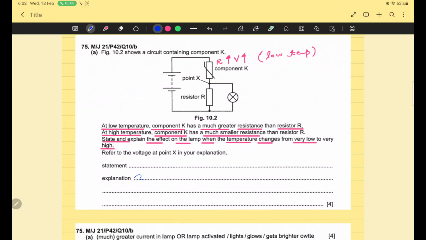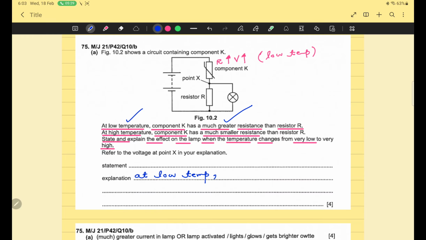The explanation is, at low temperature, thermistor resistance is greater, it is given, so I am not rewriting.